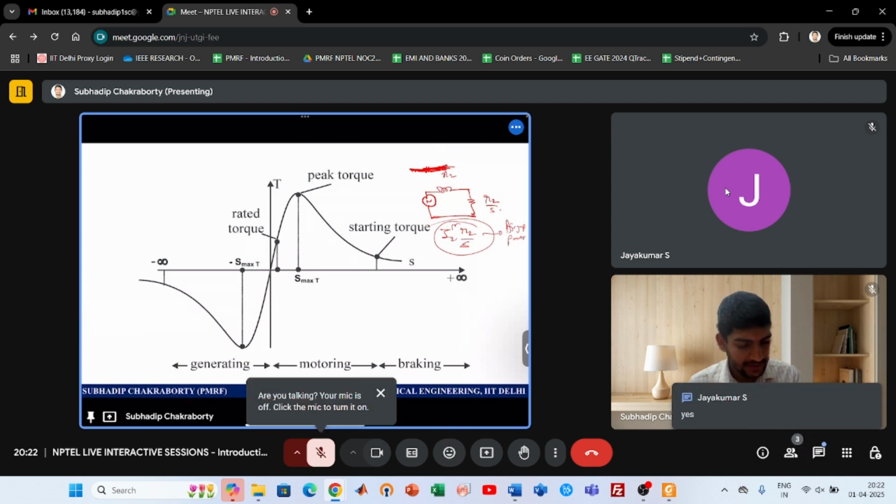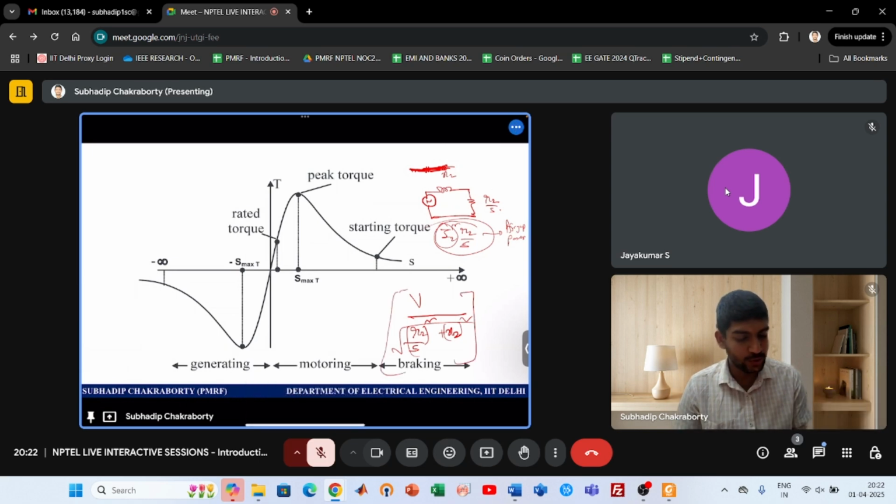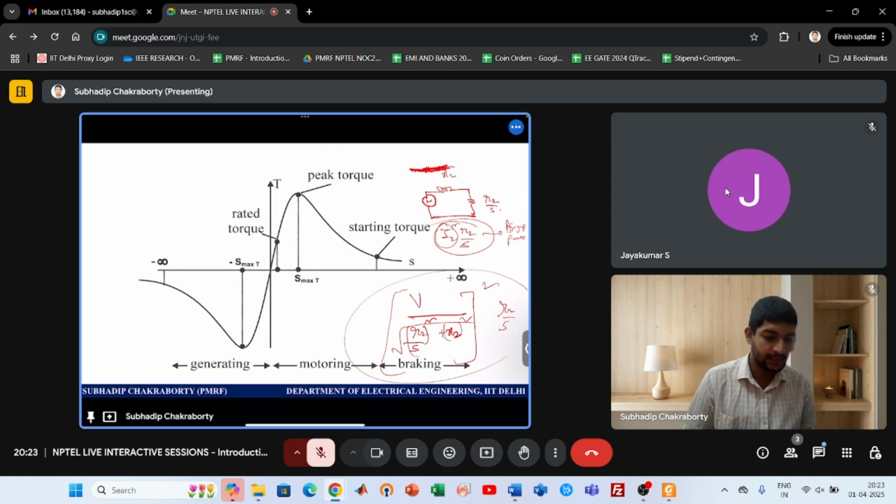Okay. So what is I2? I2 is V by the root of R2 by S whole square plus X2 whole square. This is I2 square into R2 by S. But this is what? This is power.